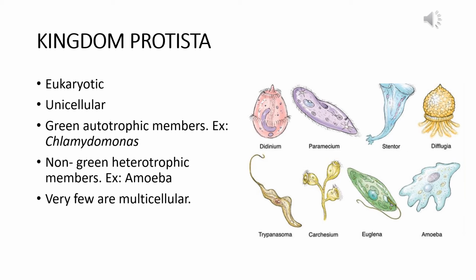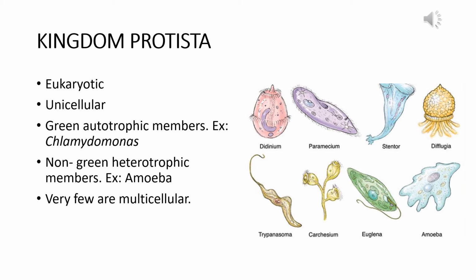Unlike kingdom Monera, the representatives of kingdom Protista are eukaryotic in nature, that is they have membrane bound organelles present inside their cell, and also the genetic material that is present inside their cell is membrane bound. Now some of the members of the kingdom Protista are green members, that is they have chlorophyll in their body, so they can trap the solar energy and they can make their own food. So they are called autotrophs.